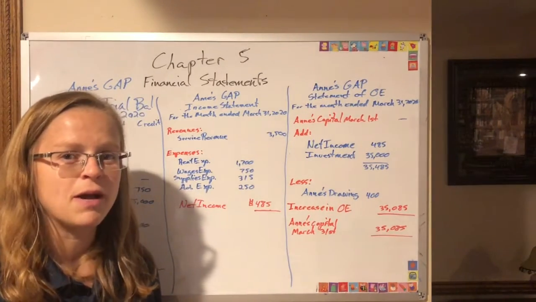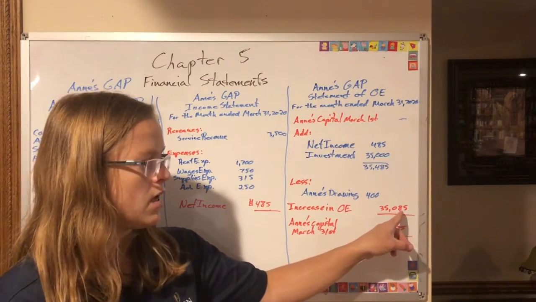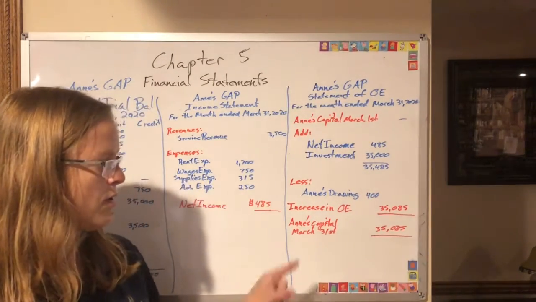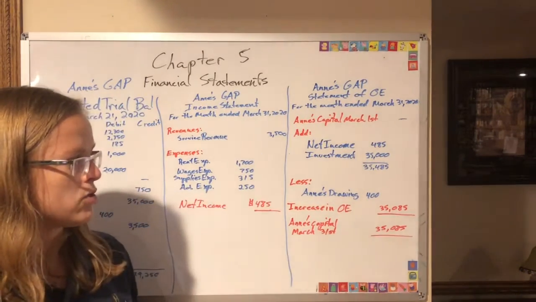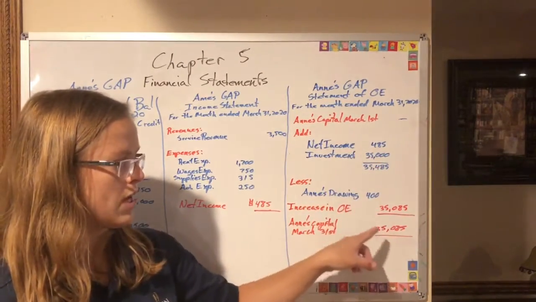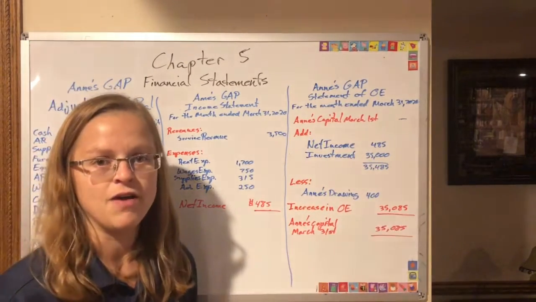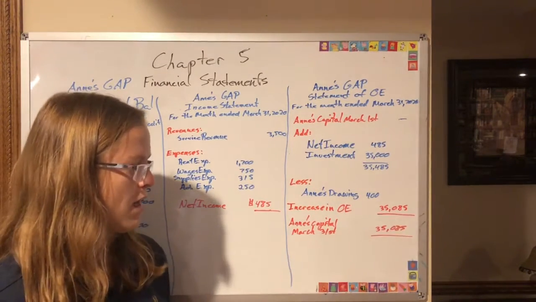So it increased by $85. So we have $35,085. All right, our increase is $35,085. So Ann invested $35,000, and now her owner's equity is at $35,085. So it's increasing by $85.